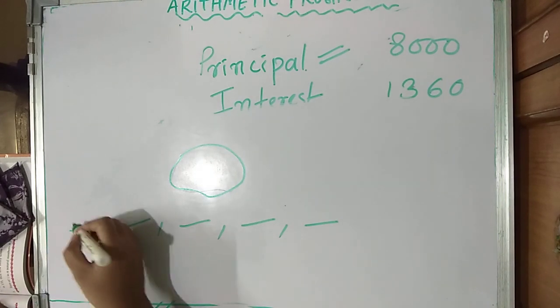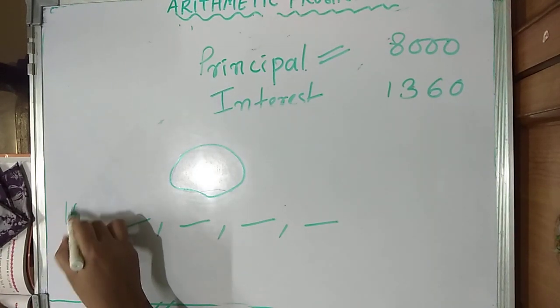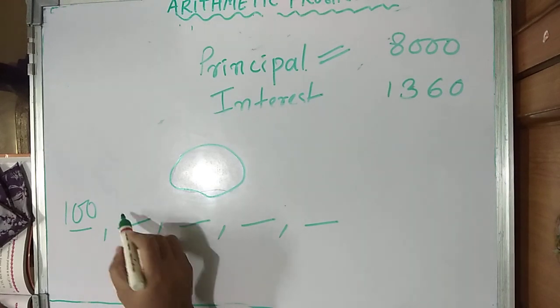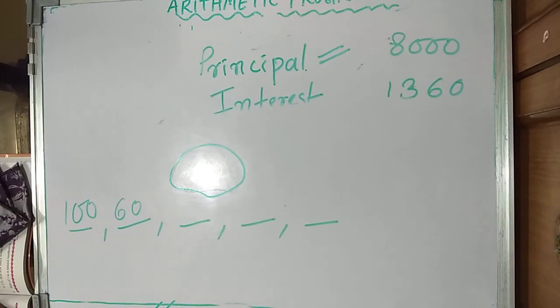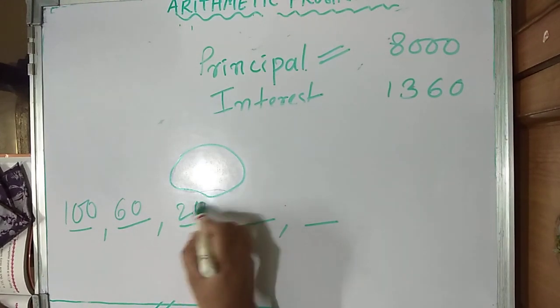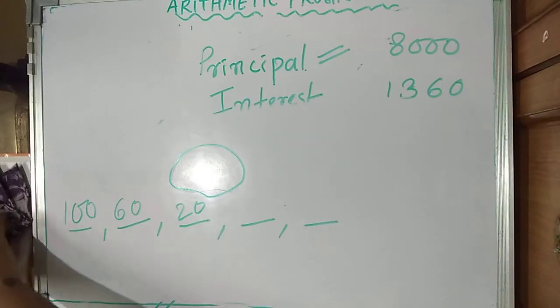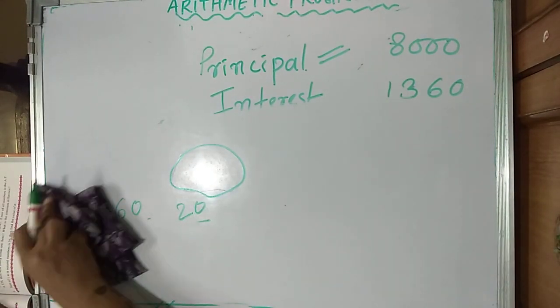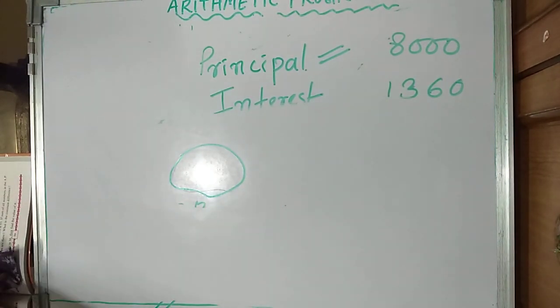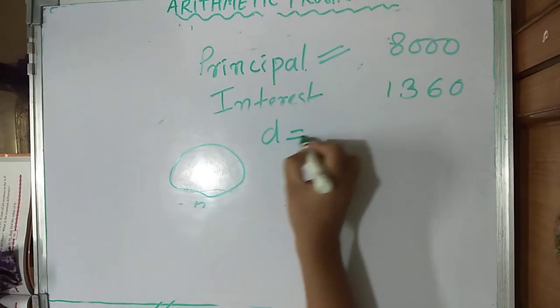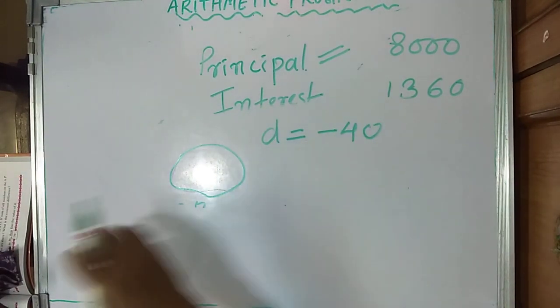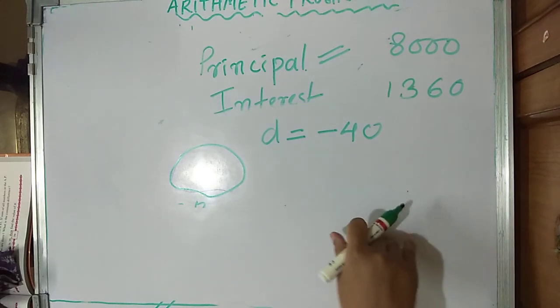That means if the first installment is 100 rupees, the next will be 60, then 20. So the common difference here will be minus 40.